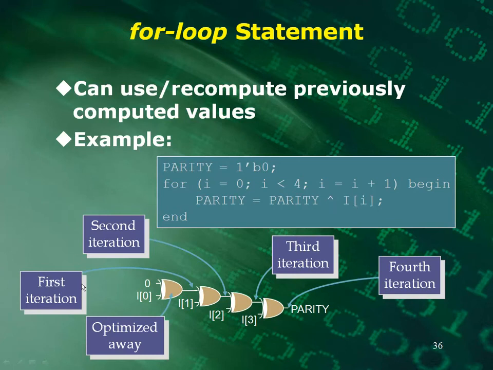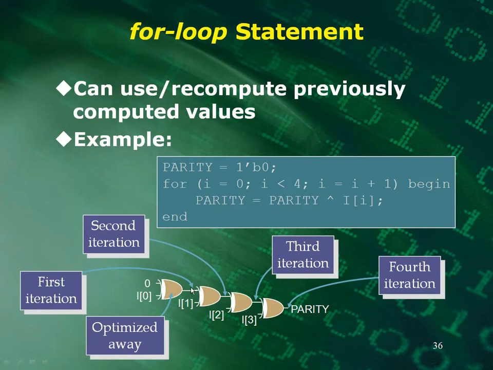So here's what happens. On the first iteration, we would get this. Parity equals parity, which is 0, exclusive ORed with i of 0. And then this of course will get optimized, because anything exclusive ORed with 0 becomes that value.